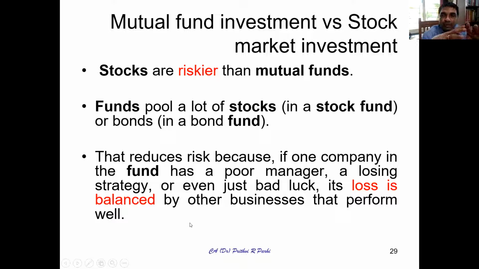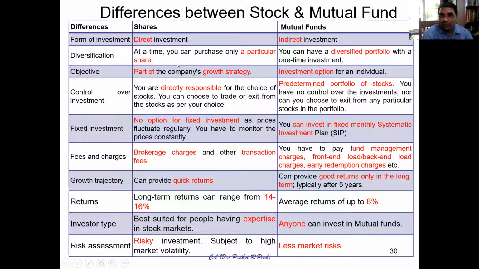When your investment is spread over a large number of investment instruments, the loss also gets balanced. There might be some sectors or companies where value may not be rising, but other companies' prices might be rising, so it gets balanced out. Therefore, risk is minimized in the case of mutual funds.